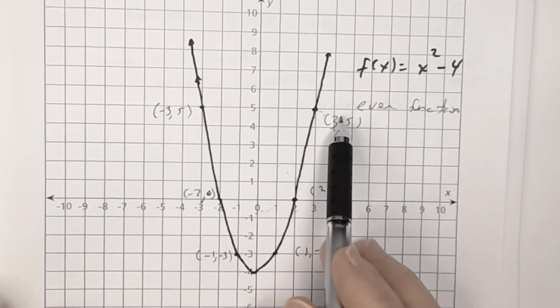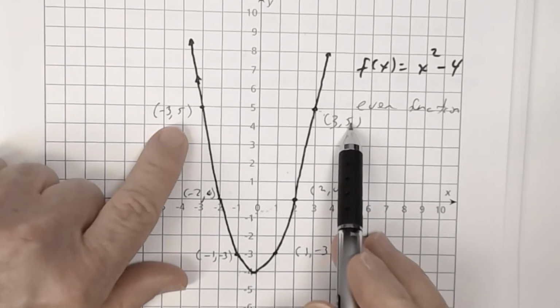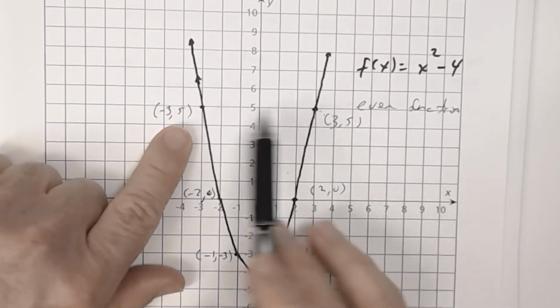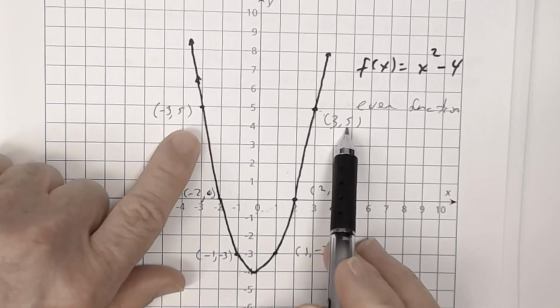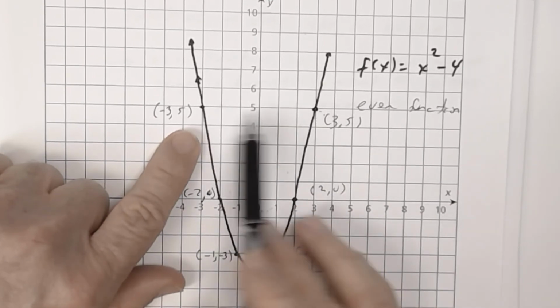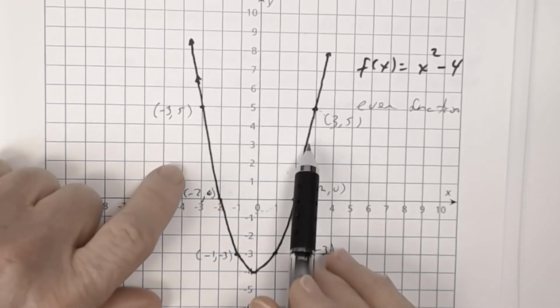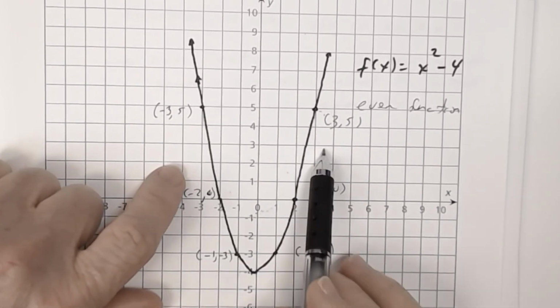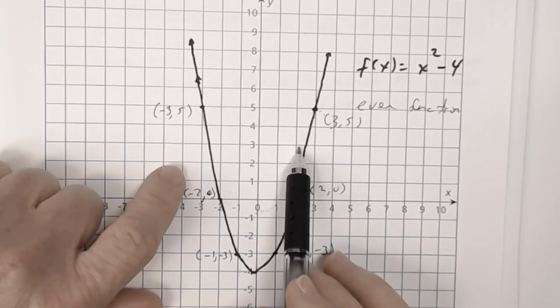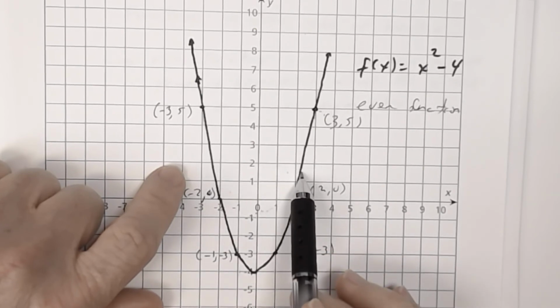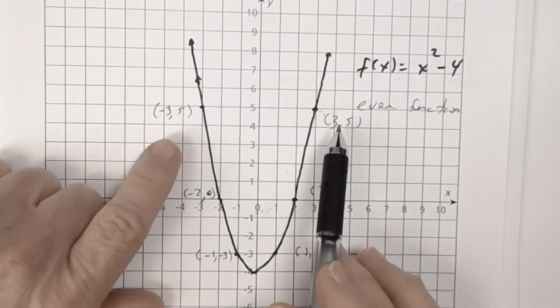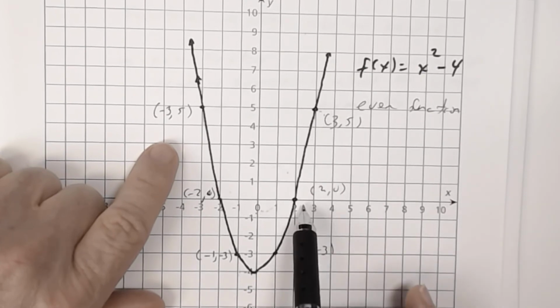Look at these y-coordinates. When I reflected about the y-axis, the y-coordinates stay the same, right? They have to, because the points are horizontal to each other. This y value is the same as this y value, and so on. What changed, though, is the x-coordinate. How did the x-coordinate change?